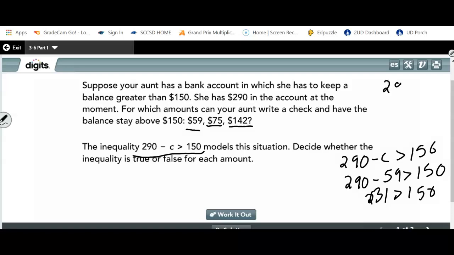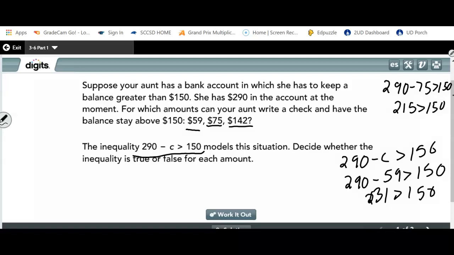What about $75? You take 290 minus 75. Is that greater than 150? What's 290 minus 75? 215 is greater than 150. Is that a true statement?